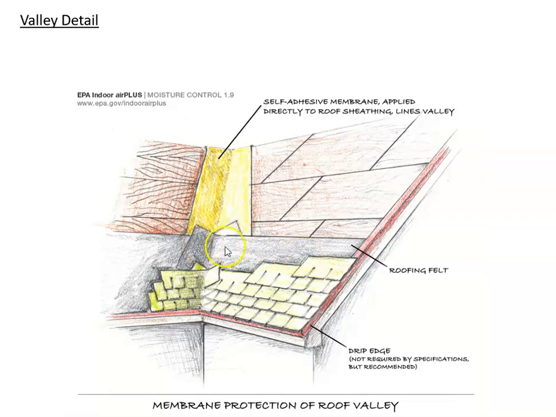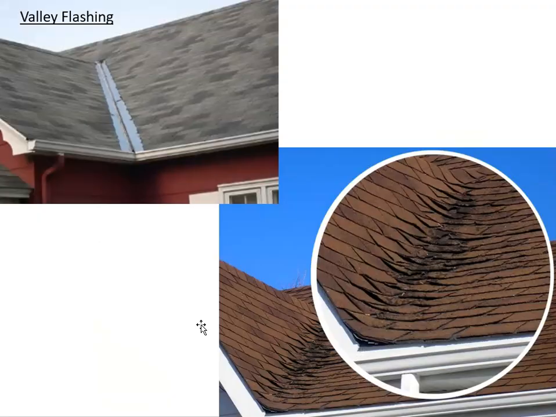And here we see how the tar paper underlayment completely overlaps going in each direction, and also the shingles will be made to bend and overlap there. Here we can see two examples. A different way to do it, more costly but much more effective, is to put a metal valley strip in there. As shingles get old and brittle, again, it's a vulnerable area for damage.